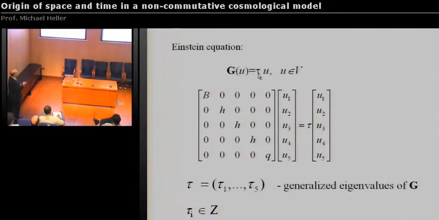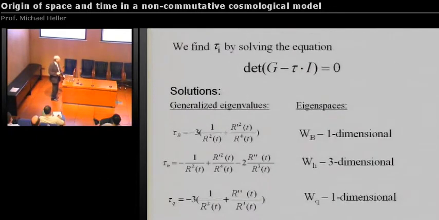But now something very nice happens. If we compare these eigenvalues with the standard Einstein equations for the closed Friedmann-Walker model, then we find that the magnitudes tau B and tau H are related to the components of the energy-momentum tensor.